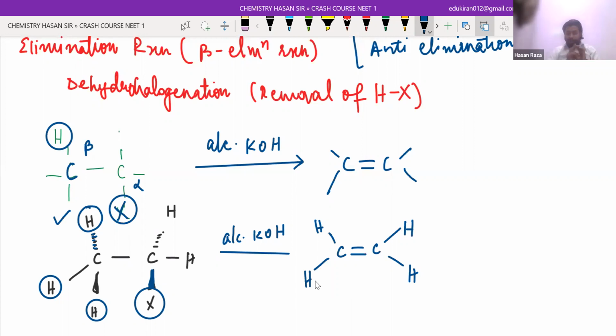Anti-elimination means if X is out of the plane, you remove the hydrogen from the beta carbon which is inside the plane. Are you getting my point? Yes or no? Alan, Mamuna, Sir? Yes, sir.